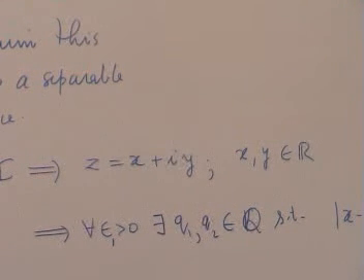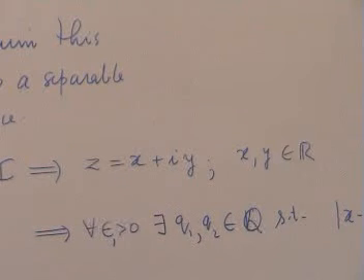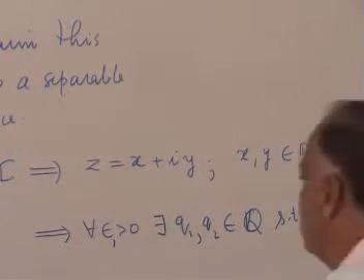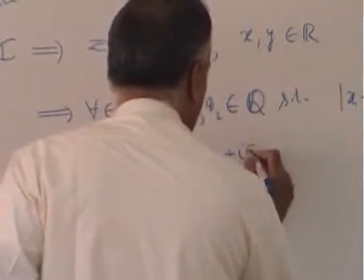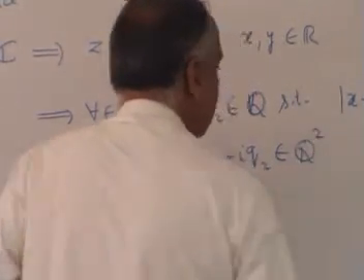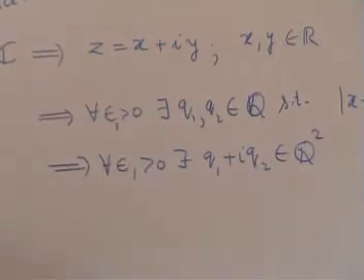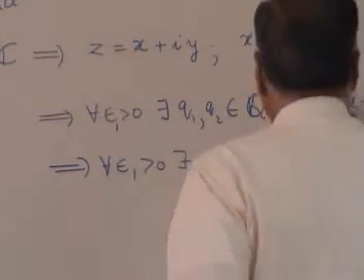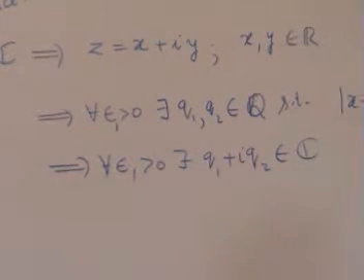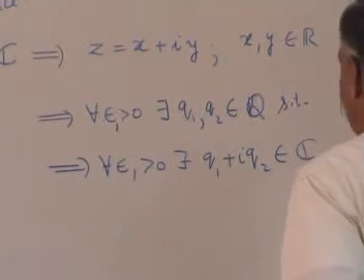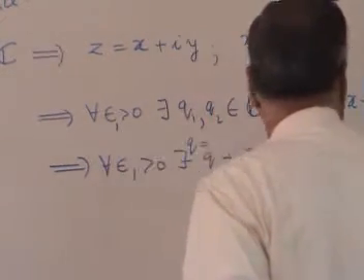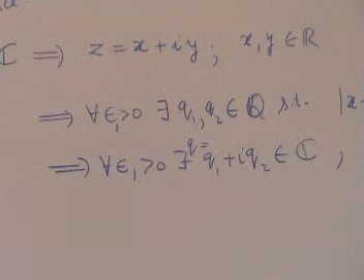Each one I will approximate within that error. Now I will construct the complex number q equals q1 plus i q2, and what is mod z minus q? This is the square root of (x minus q1) squared plus (y minus q2) squared.